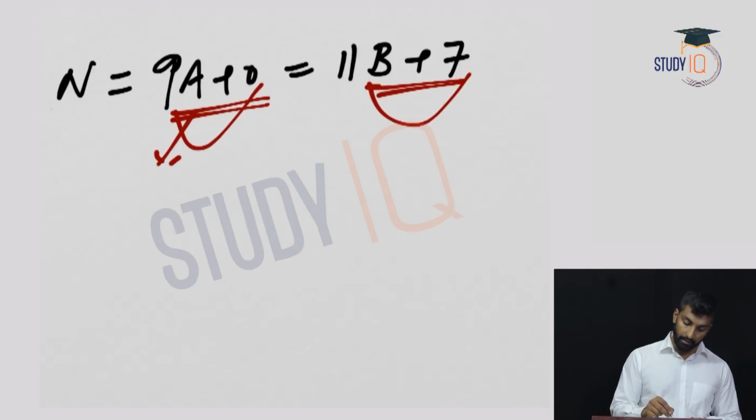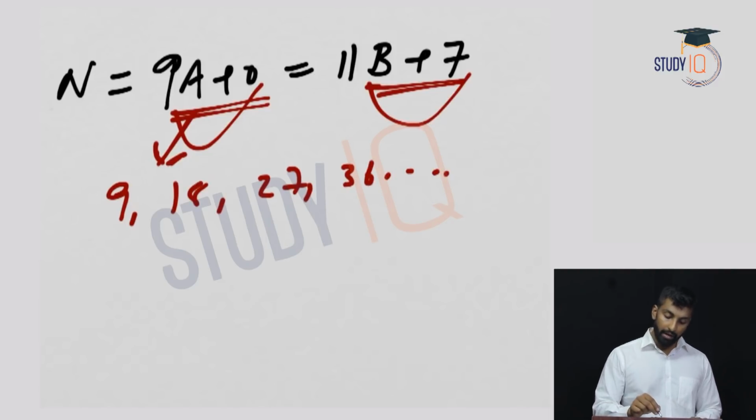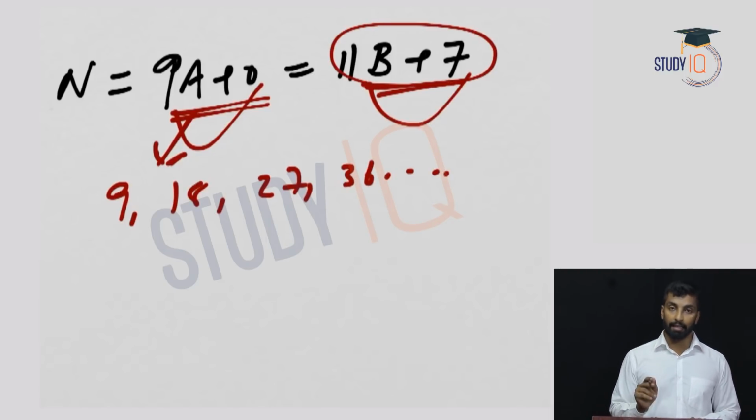So what is the first series if you expand 9a plus 0? What are the possible numbers? 9 is the first number, then 18, 27, 36, etc. Now we need to see which numbers belong to the second series. And what is n? n is a number which comes in both series, because n has to satisfy both conditions, right?